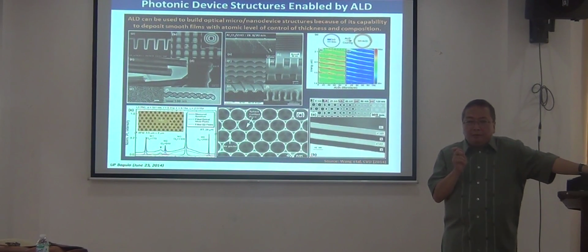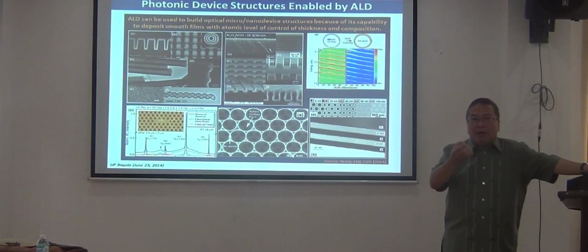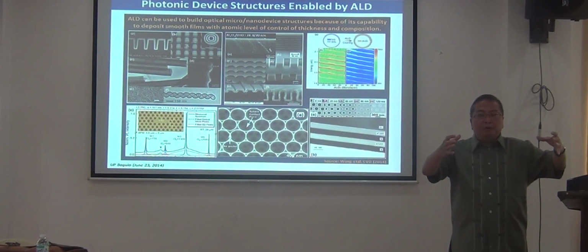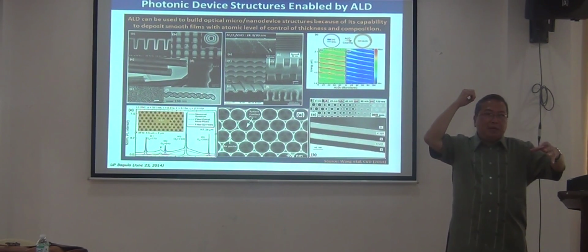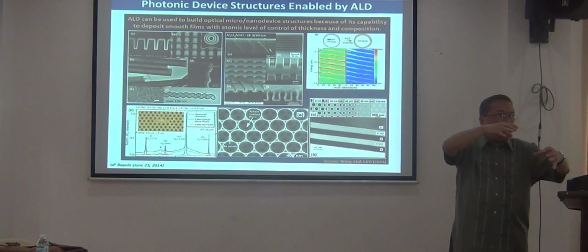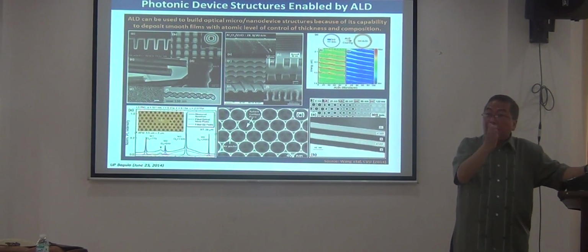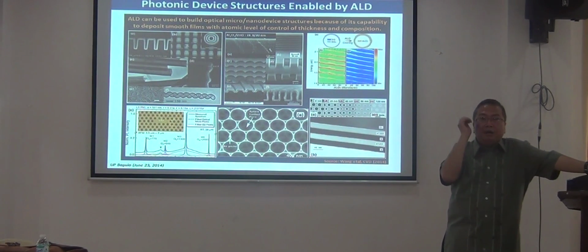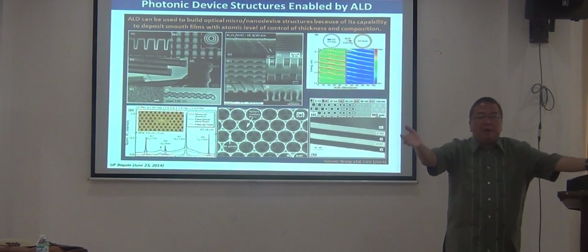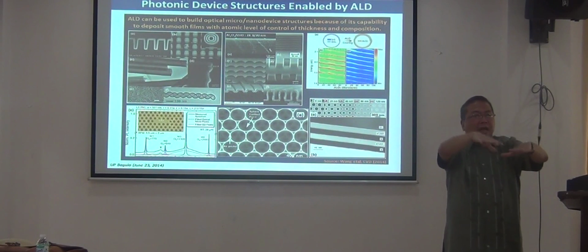Now, this is also very useful, let's say, for example, for sensors, right? So you can imagine that you have this photonic crystal that passes light at a certain wavelength. Okay. Now, you put that in a biological environment, and biological molecules attach on the surface.